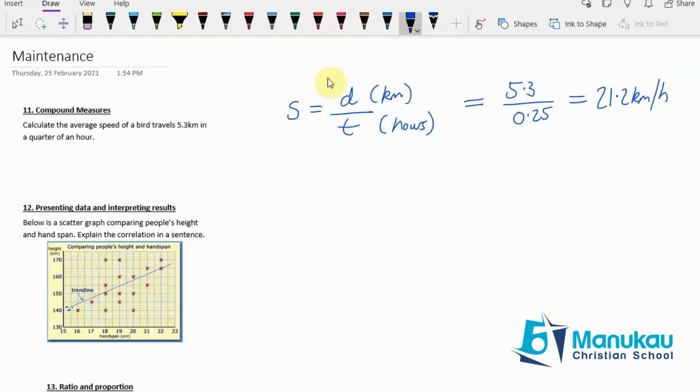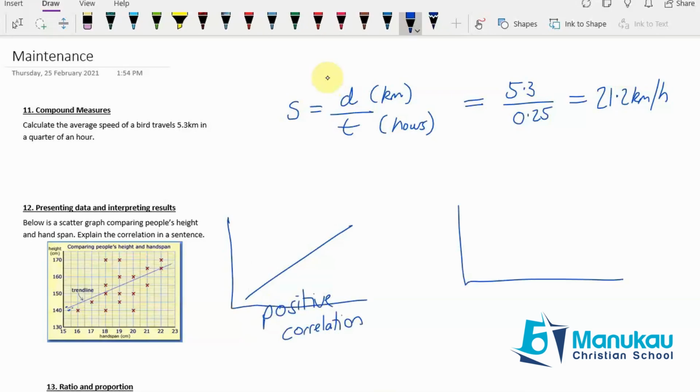So when you've got something that tracks this way, we call it a positive correlation. Okay, so when you've got a graph that looks like that, it's positive. If you've got a graph that looks like this, we call it negative correlation.